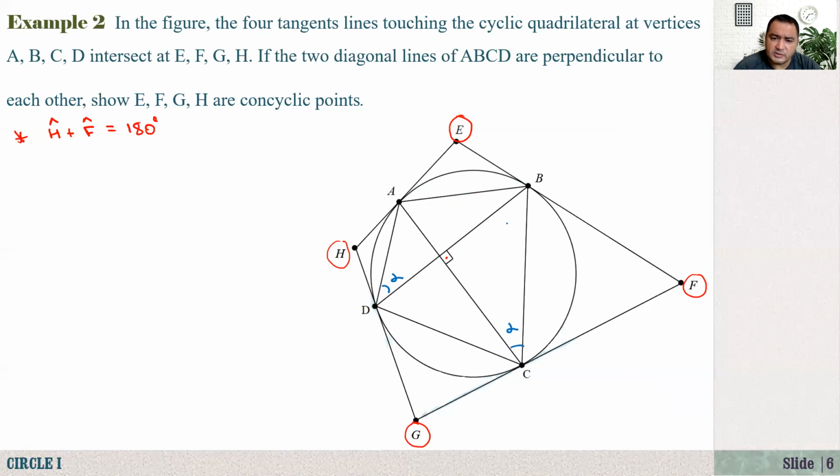Also, as you see here, HD is a tangent line, and suppose that this angle is beta. This angle should be beta because the tangent line and the chord, and also DCA, are subtended by the same arc.